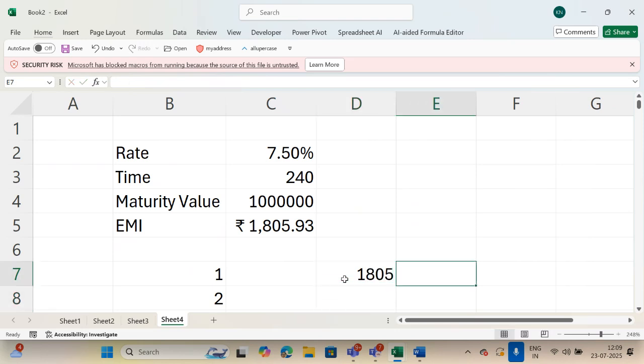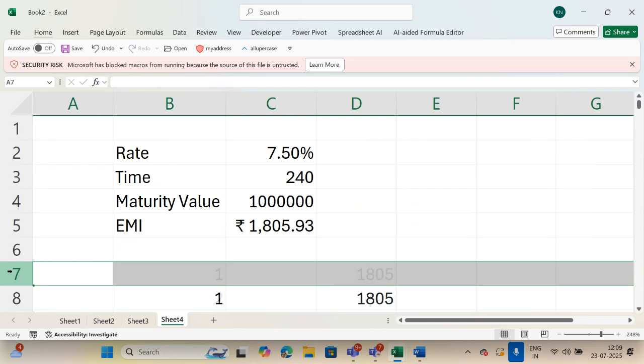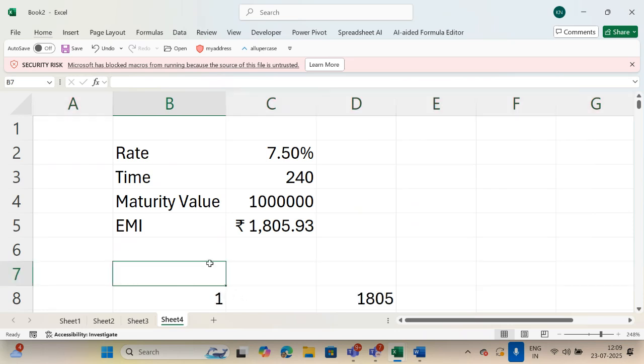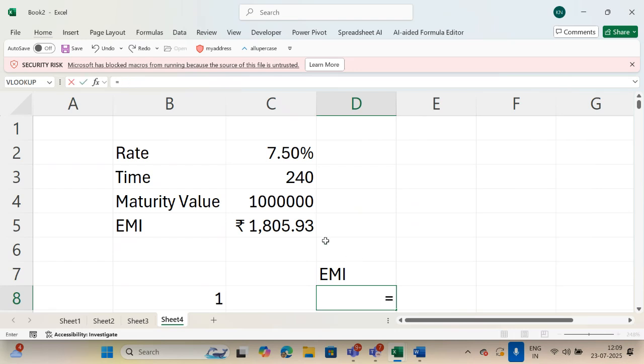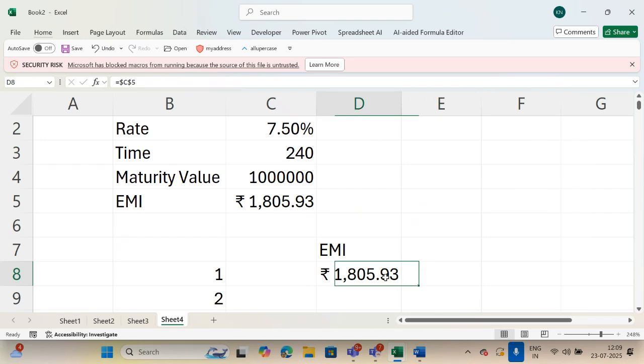So first month no interest will be there. Okay, first month I'm paying as an EMI 1805 and I'll pay for 240 months. So just double click it.